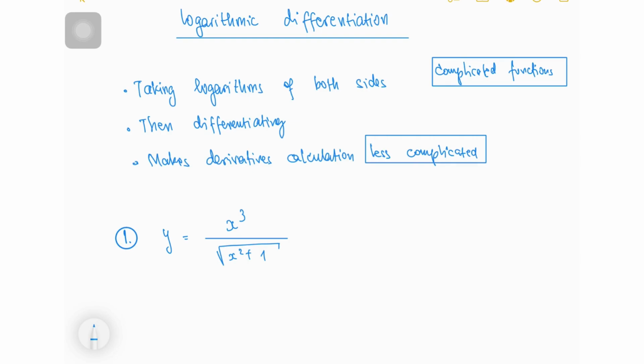So here is the first example. We have y equals x to the power 3, and then in the denominator square root of x squared plus 1. Now you can try and find this. So the natural step is to use the quotient rule.